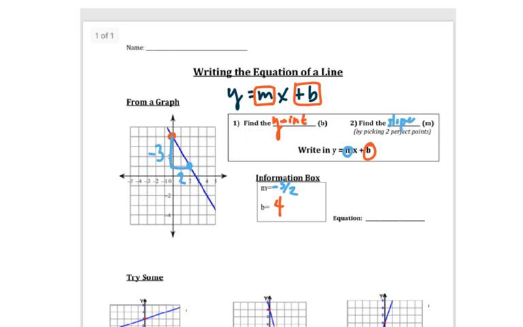So my final equation is y equals negative 3 over 2x plus 4. Very easy. It's easiest to find the b first, the y-intercept, and then find the slope. Slope is always rise or fall over run. So let's try the same thing in the next 3 examples.